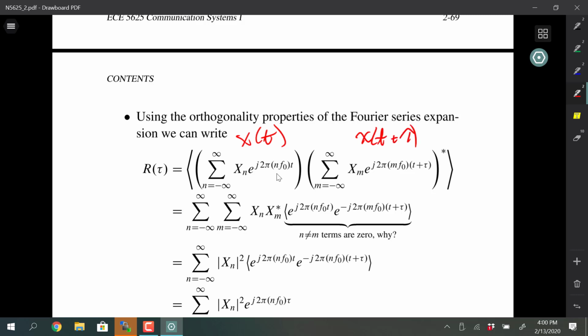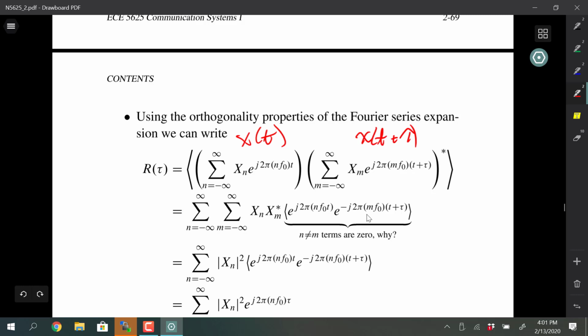So I'm actually going to try to find that autocorrelation function, which is a doubly infinite sum, but the time average operator is going to operate on the product of those complex exponentials, and because of the periodicities involved, the F naught factor involved there, the m not equal to n terms will always involve different frequencies, n times F naught, m times F naught.